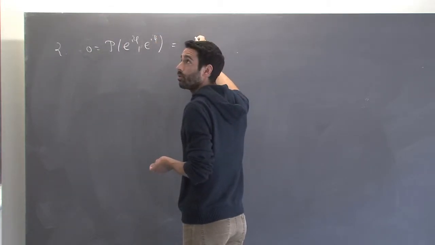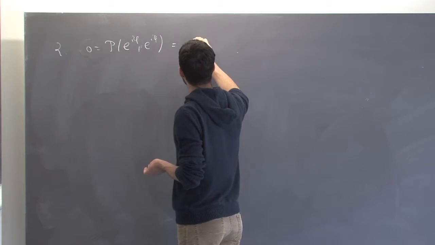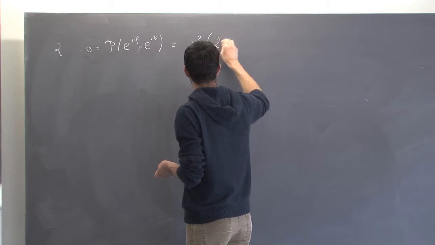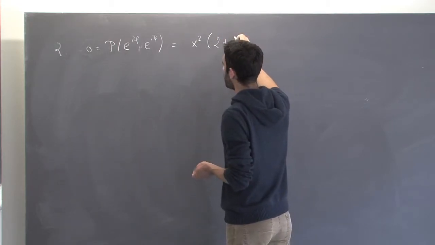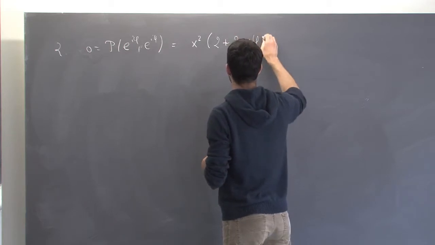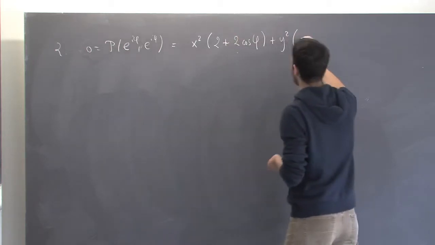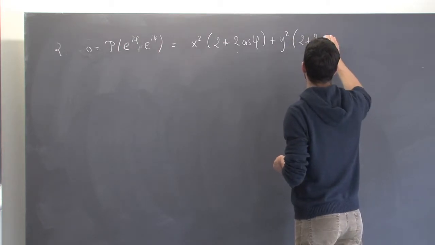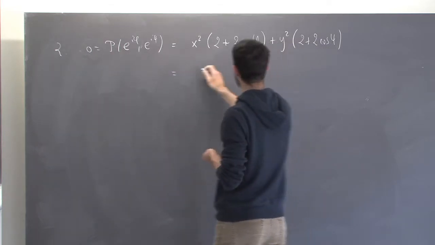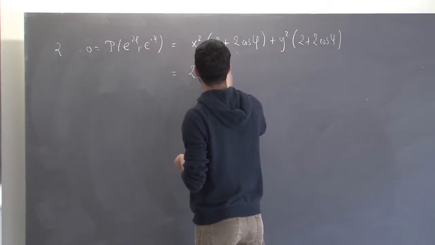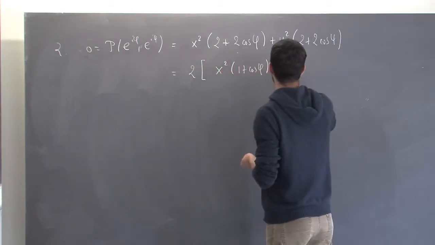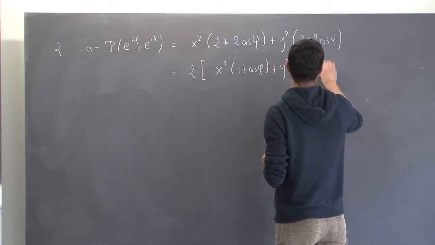And then I had x squared times (z plus the inverse, meaning 2 cosine φ) plus y squared times (2 plus 2 cosine ψ). That was exactly what I had in the integral in the example I gave before. So this I write as 2 times [x squared (1 plus cosine φ) plus y squared (1 plus cosine ψ)].